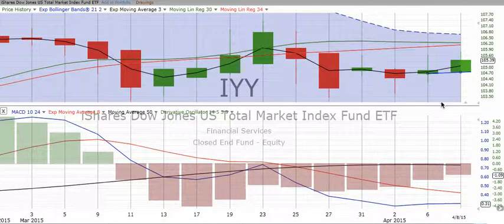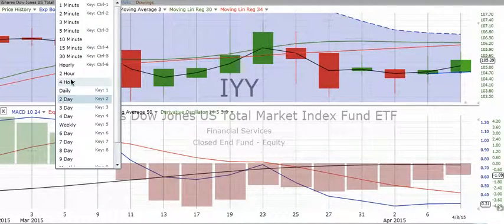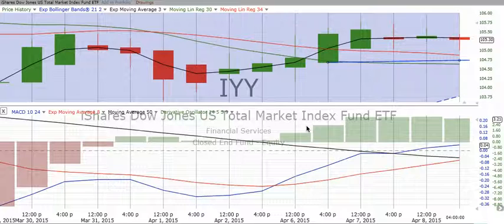Now, it looks like it's trying to move up. Don't have any confirmation yet on the 2-day chart. However, let's go back to, again, IYY, the total market. Look at what's happening here. Looks like it's stalling out. Whenever we see 3 days of indecision, and nothing has pushed above this last candle back on the 7th.